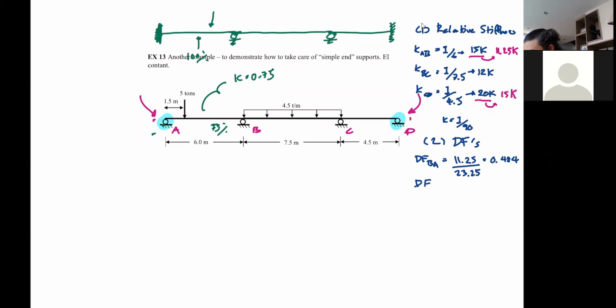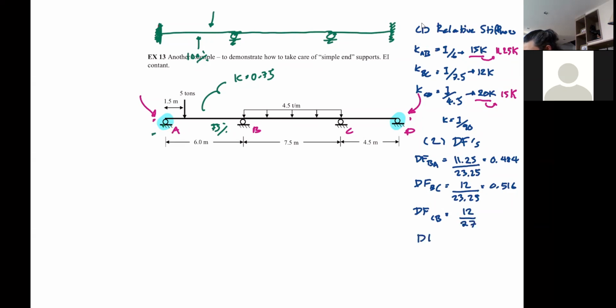And the DF of member BC is now going to be 12 over 23.25, that is going to give us 0.516. Okay. Next one is the distribution factor of member CB. The total here is 27, so it's 12 over 27.